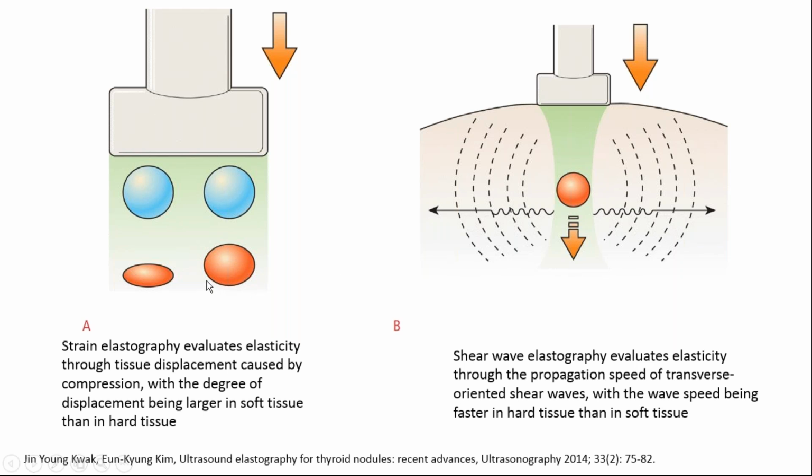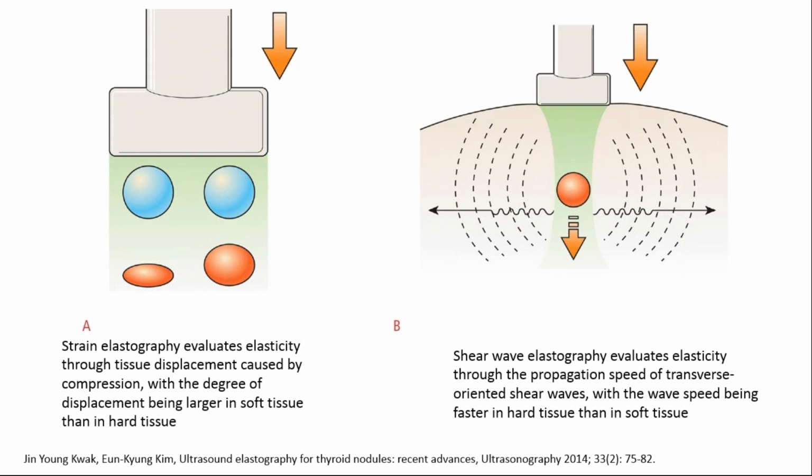So let's talk about strain elastography. So what is done in strain elastography? There's a compression which is applied, as you can see with this downward arrow. So with the transducer, you deform the tissue, and when you let go, and there are cycles of it, of course, how much you deform the tissue and how much the tissue resists that change is what is calculated by the machine.